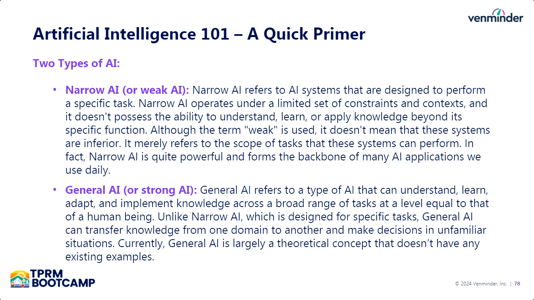Whereas general or strong AI is a broad type of AI that can learn and adapt across multiple tasks, multiple domains. And this would be more similar to what we can do with our human brain. Right now, general AI is really much more of a concept as there's no real examples of it existing today.